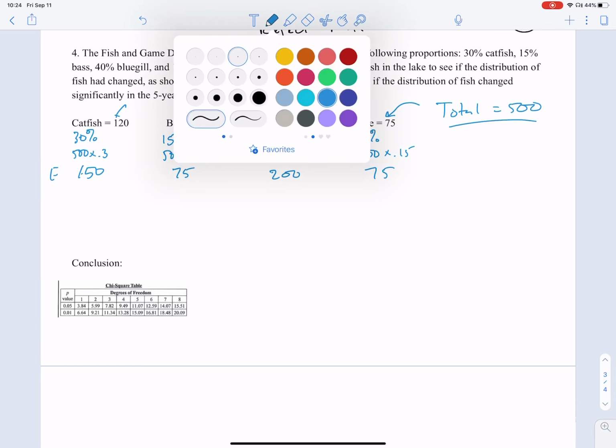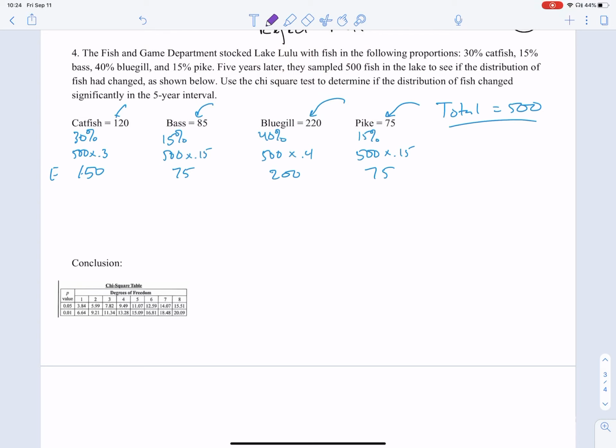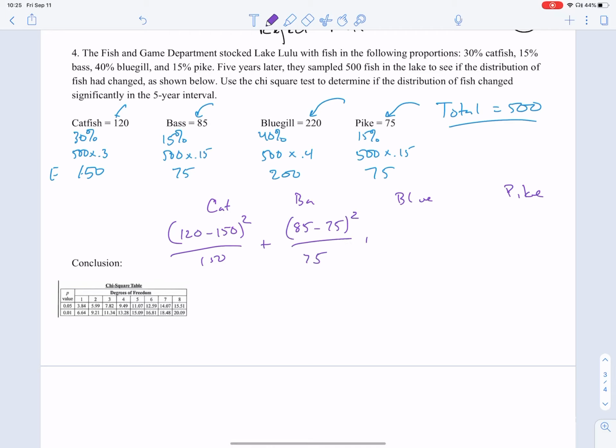So now I'm going to put this into my equation. We'll go catfish, bass, bluegill, pike. My observed 120 minus 150, squared, over 150, plus my observed 85 minus my expected 75, squared, over 75, plus 220 minus 200, squared, over 200, and 75 observed, 75 expected, squared, over 75.